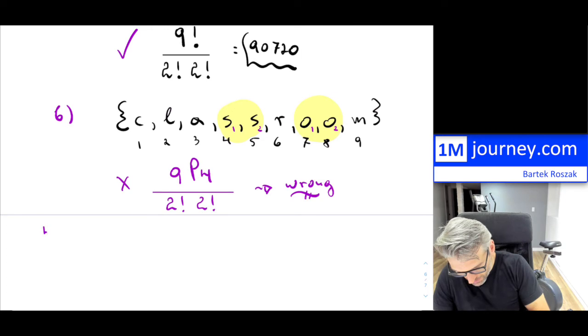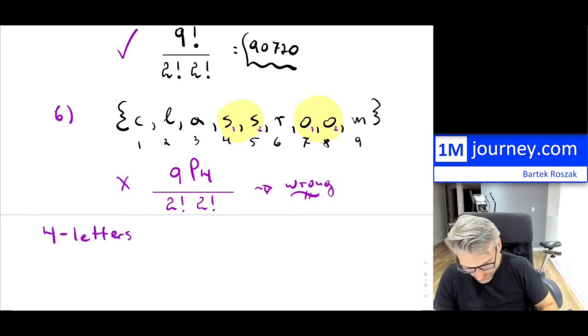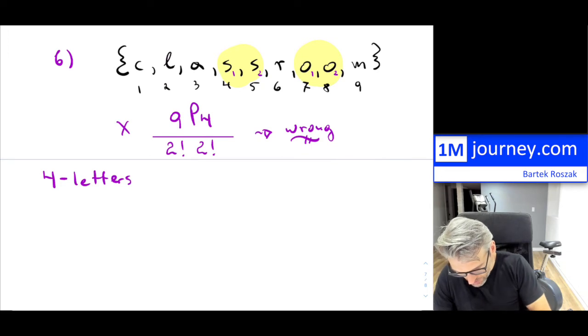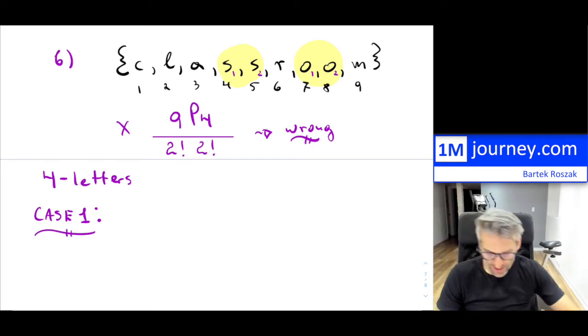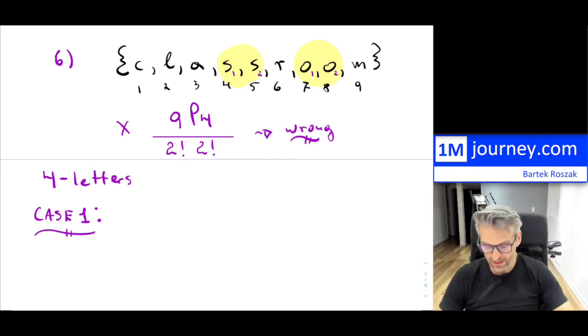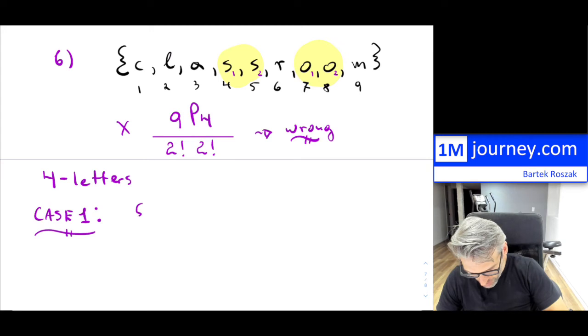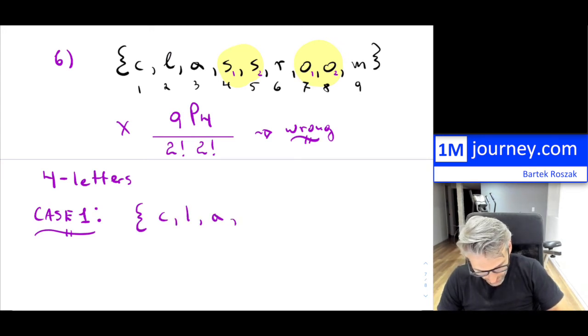So we know we're going to be picking 4-letter words. So 4 letters. What I'm going to do is break this down into cases. So here's case number 1, and this is what I would encourage you to do. For your case number 1, always try to pick all the letters, but not repeat them.